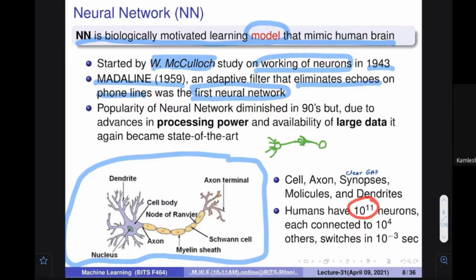The switching time of the human brain is slow, the reaction time is around 10 to the power minus 3 seconds, but because of this complexity, humans can do things very fast. Make sense? Just think about computers, where this number is 10 to the power minus 6 to 10 to the power minus 9. Computers are very fast, and if you put this many complex things over here, you may think about the miracles that can happen with computer systems.